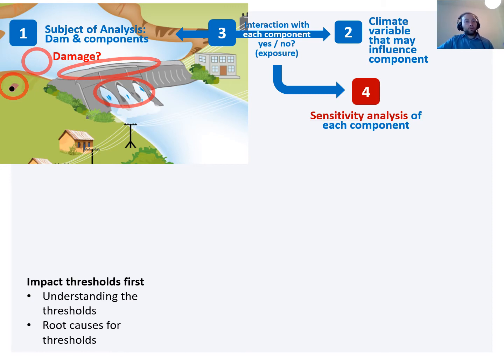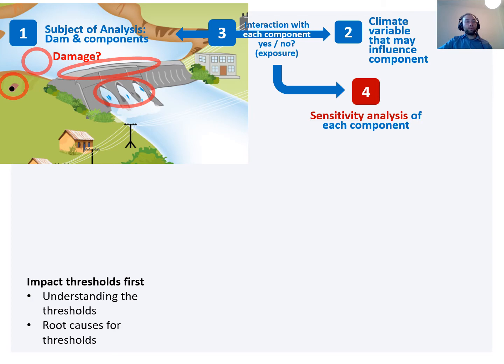And not only look at the infrastructure itself, but also at the root causes for, let's say, increase of the water level. Meaning root causes like, in this case, the topography of our valley, the soil, but also the ecosystems that are influencing water intake or not.